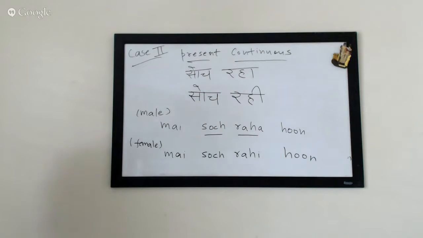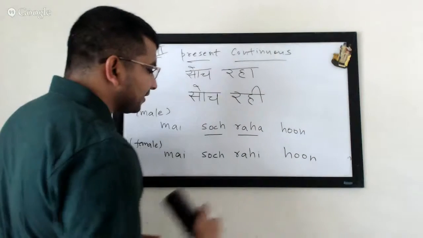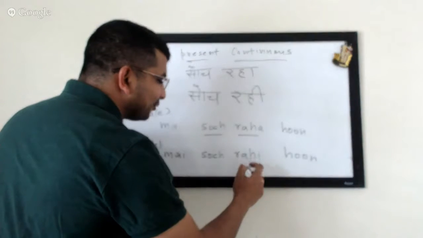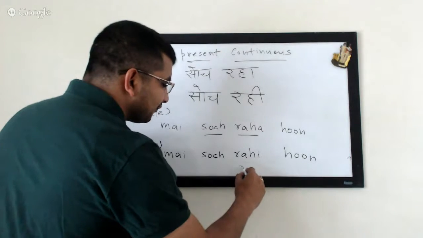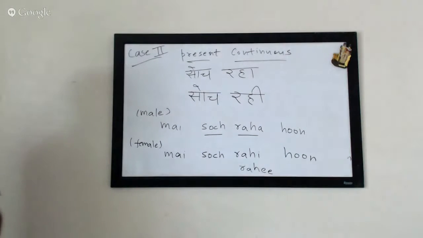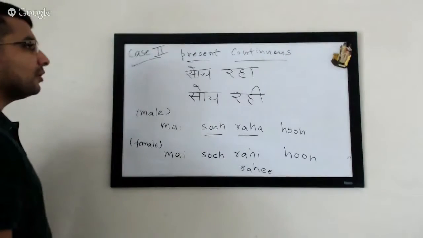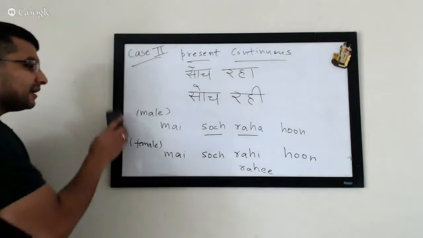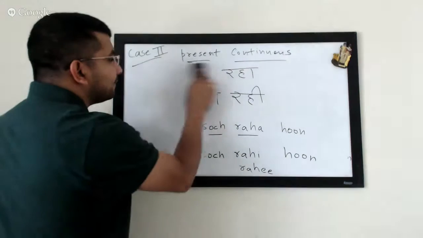Yeah, you can write rahi as I'm writing in Roman script, it can be a little different, but you can write it as मैं सोच रही हूँ. Okay, so I hope this is clear. Let's keep going on the present continuous because there are many scenarios.